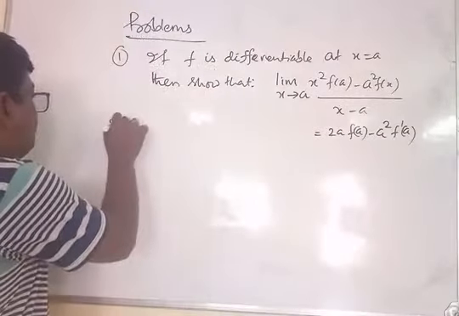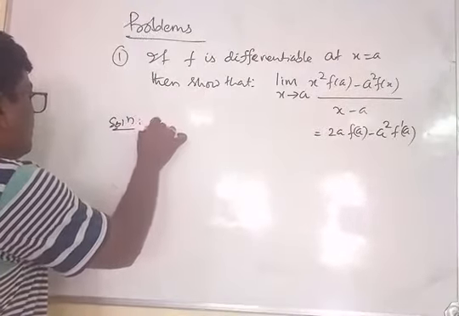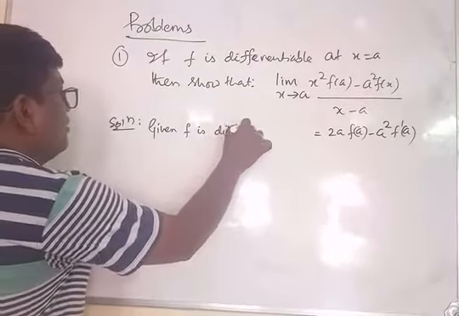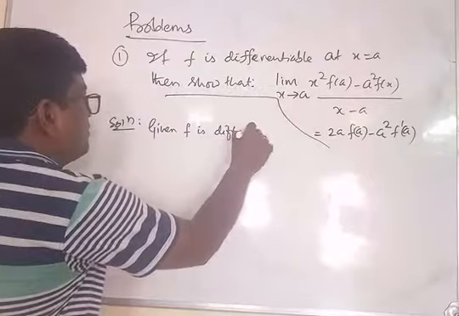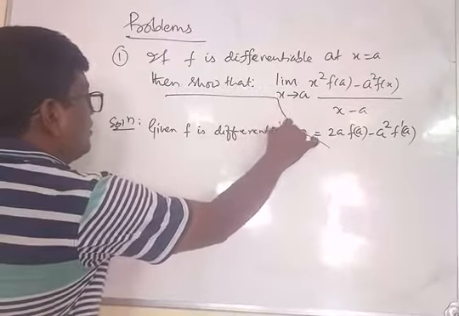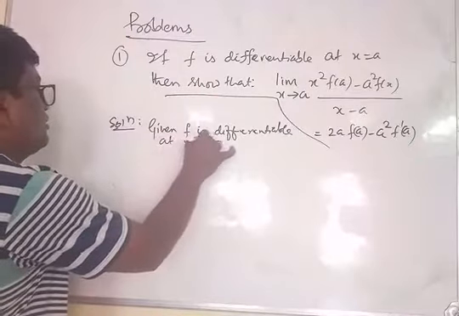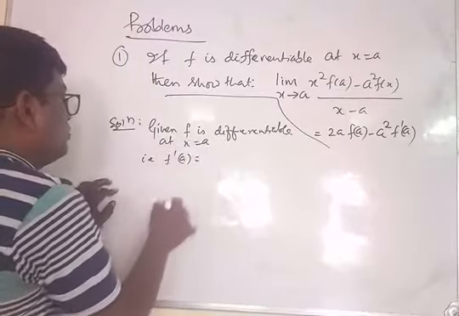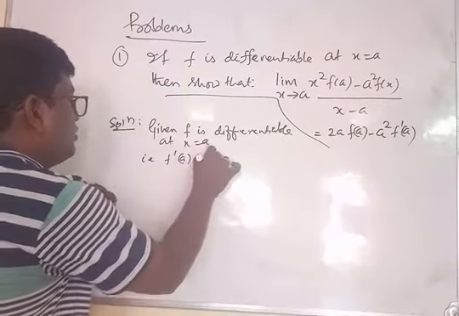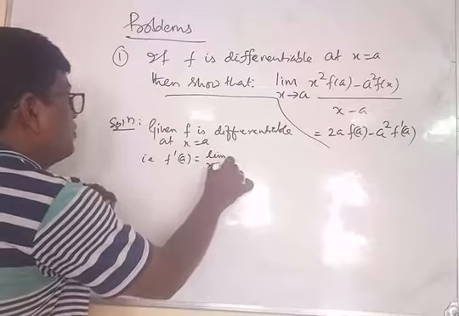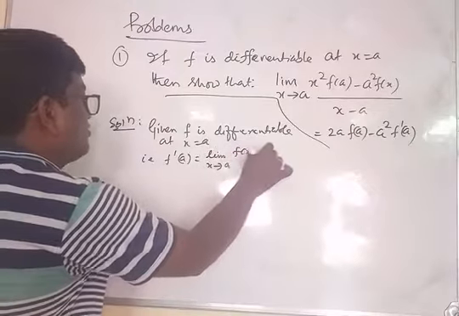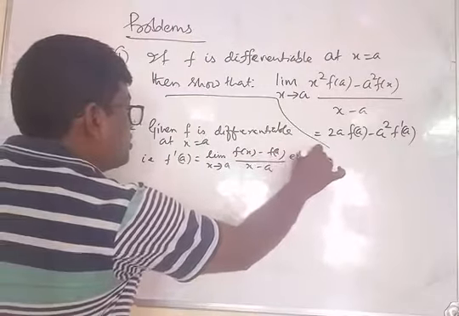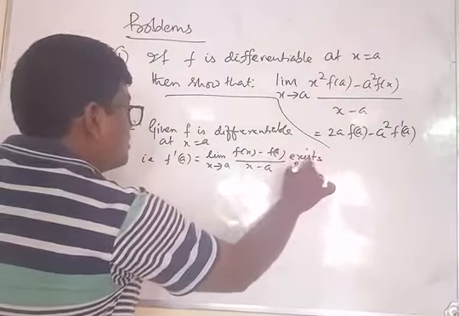Given solution: given f is differentiable at x equal to a, that is, f dash a equal to limit x tends to a of f of x minus f of a divided by x minus a exists and is finite.